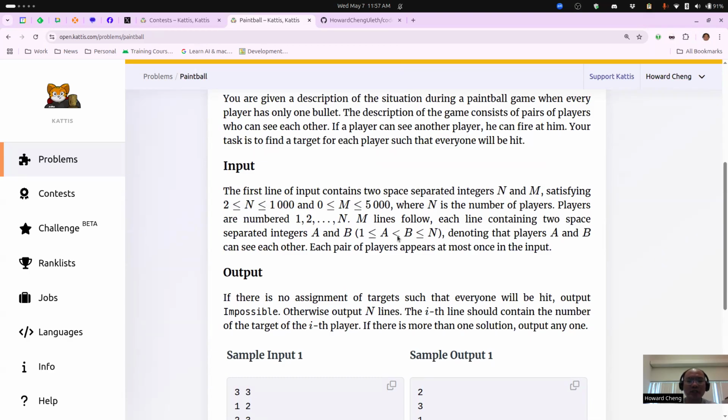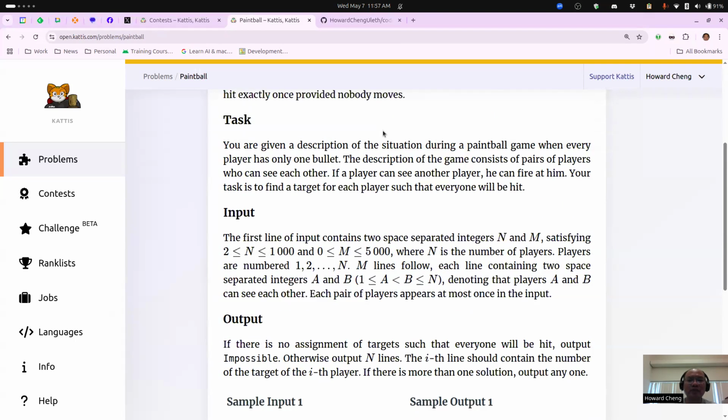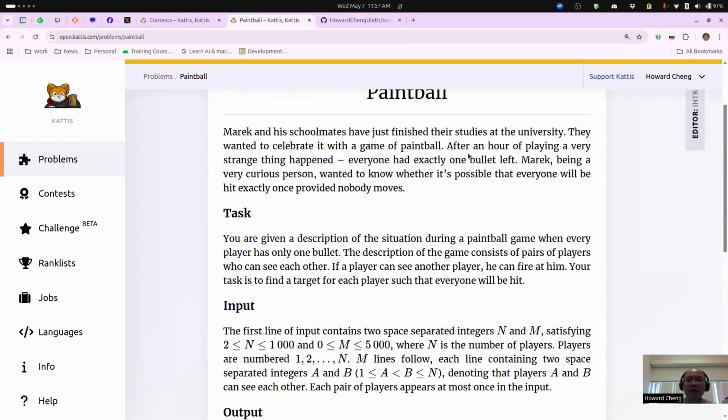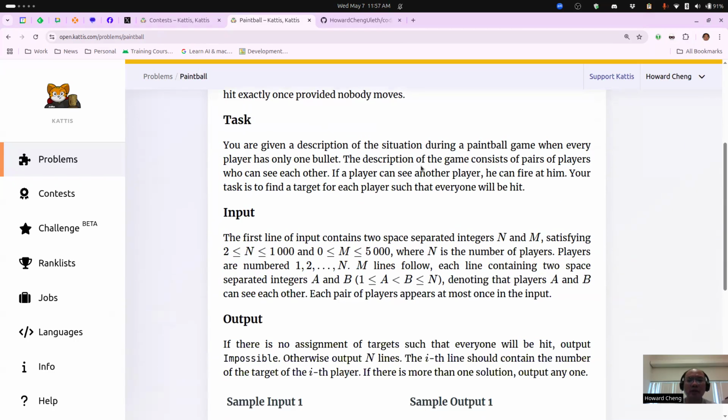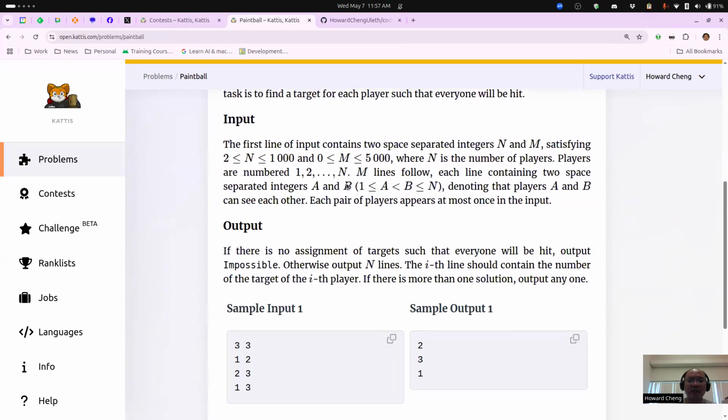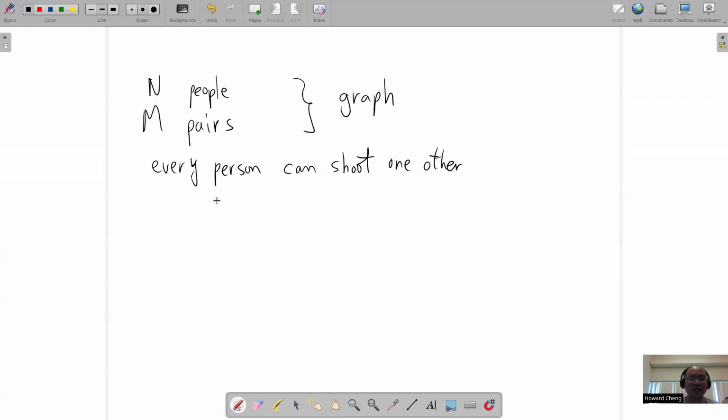Oh yeah, okay, it says that for the pairs that can shoot each other: if a player can see another player, he can fire at him, and they will give you the pair A and B, where A is less than B, so they will never give you A can see themselves. Okay, so you never shoot yourself. Shoot one other, and you want to make sure that every person is shot.